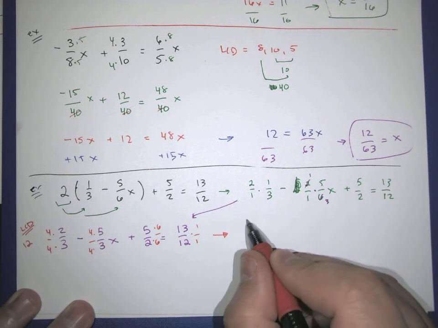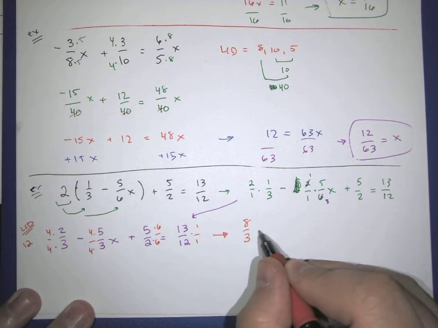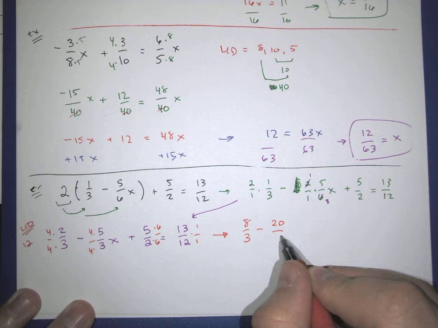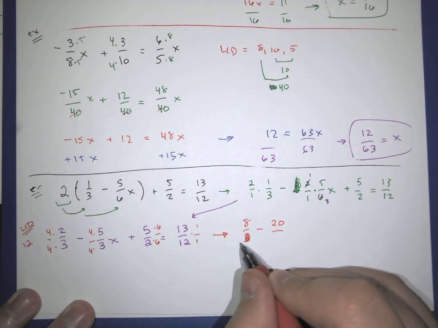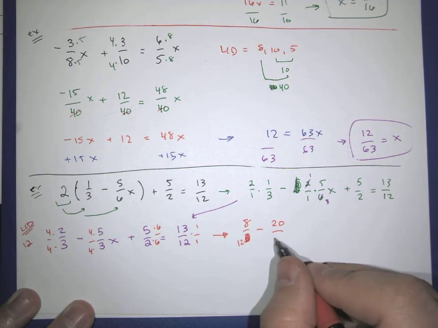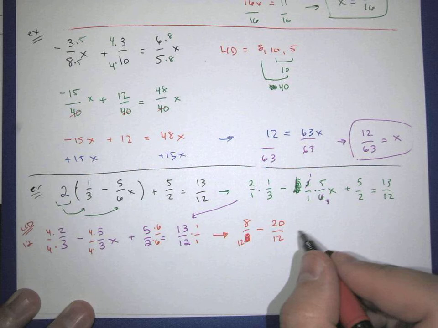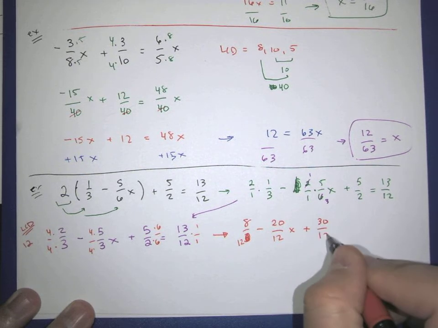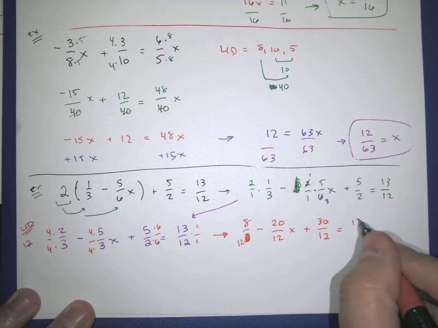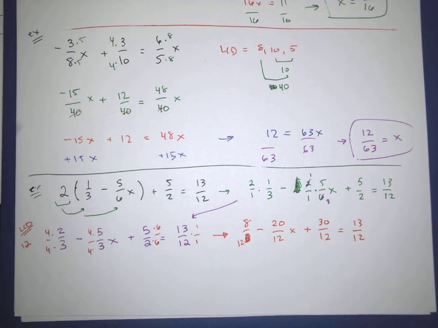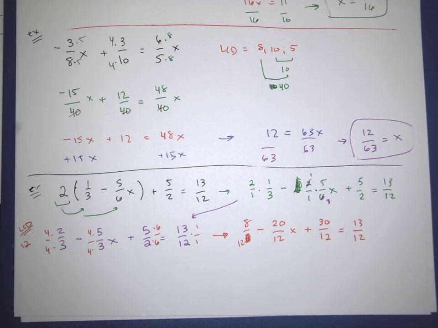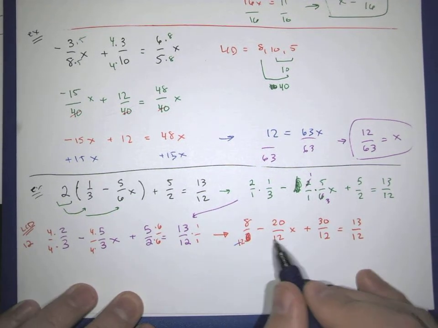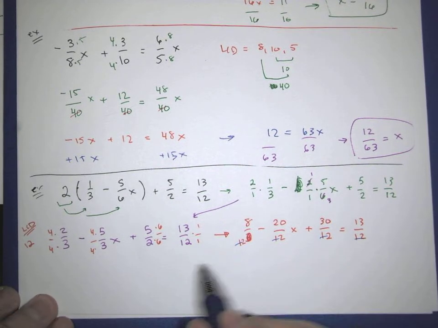So this becomes 8/3 minus 20, or no, not 8/3. The point was to do 12s. 8 over 12 minus 20 over 12x plus 30 over 12 equals 13 over 12. And again, the real advantage here was that it wipes away all of the 12s.